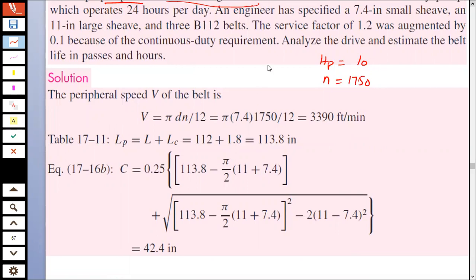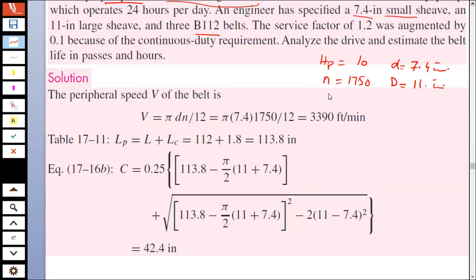An engineer has specified a 7.4-inch small sheave. So D is 7.4 inches, and an 11-inch large sheave. So capital D is 11 inches. And 3 B112 belts.